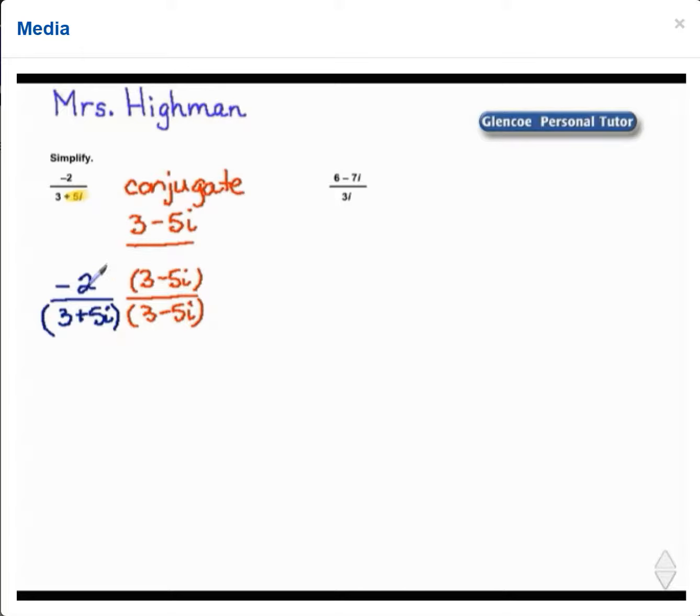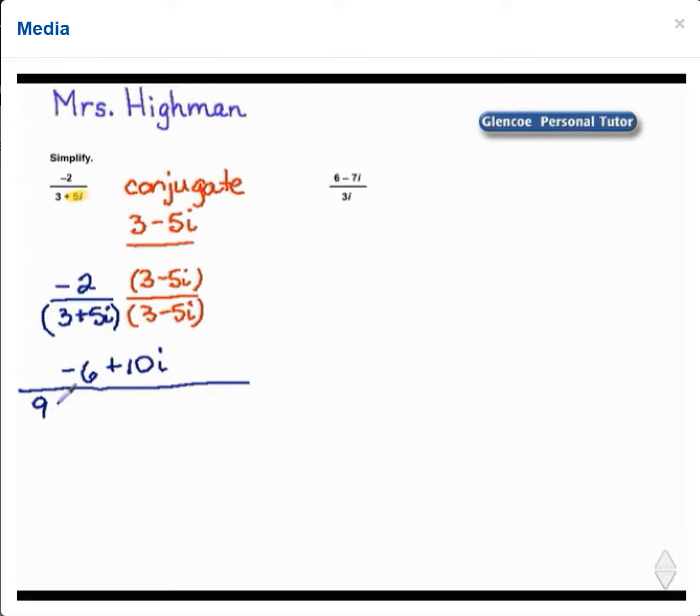We have to take negative 2 times each term in our parentheses. So negative 2 times 3 will be negative 6. And negative 2 times negative 5i would make that positive 10i. And in the denominator, we need to use the distributive property, and we're going to take 3 times 3, which gives us 9.